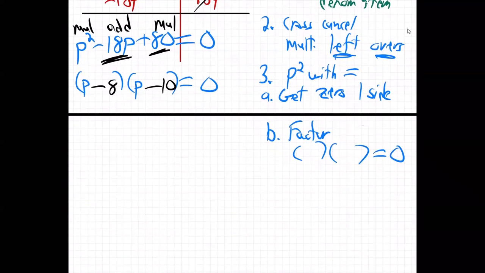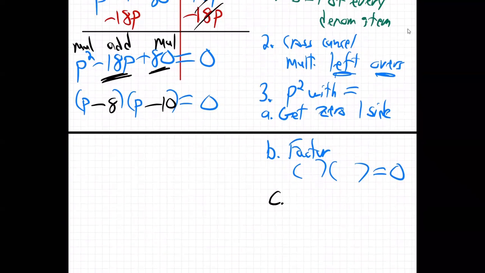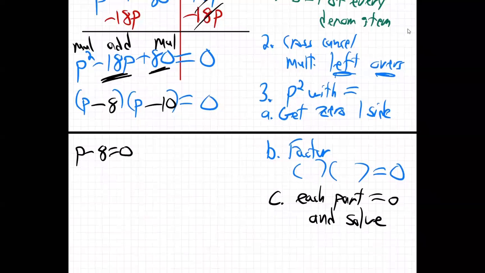And then you remember what we do from there? Again, you might still be saying, no, I don't. Each part equals 0 and solve. So you set each one equal to 0 separately. Remember that? Why is that?